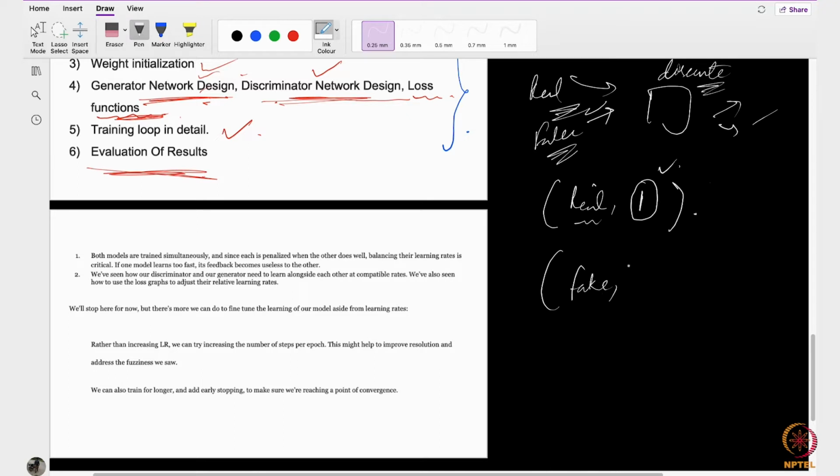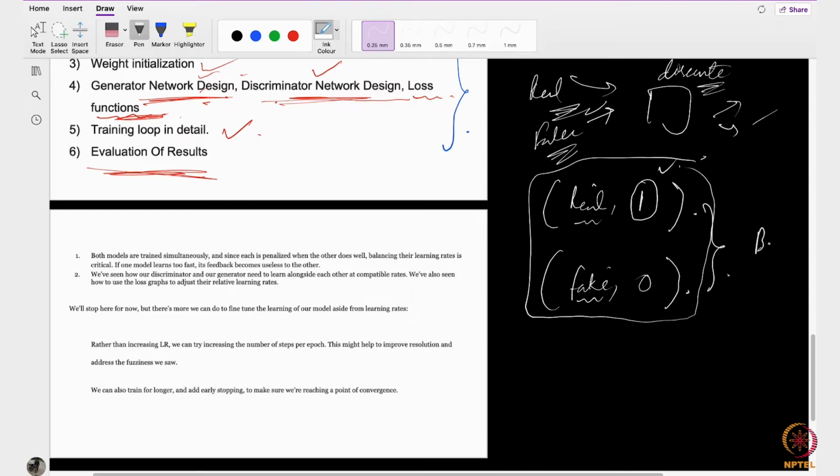Whereas if you provide a fake image, the image generated by the generator, at that time the target value is 0. This is how the loss function is designed there. Okay. And end of the day, we will calculate the corresponding binary cross entropy loss only. But maintaining these targets is very important here.